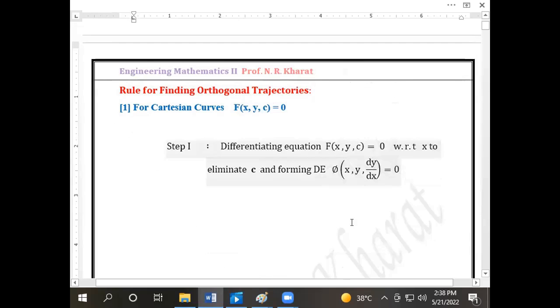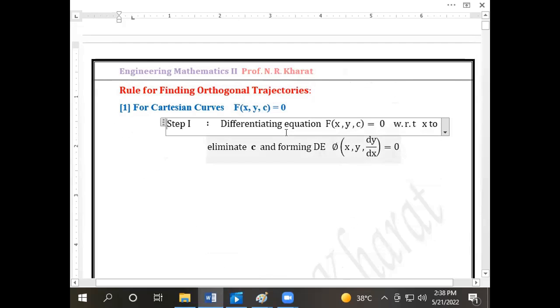Step number one is to differentiate the given equation with respect to x, because x is my independent variable, y is my dependent variable, and only one constant is present. After differentiating the given equation, we get a new equation that is totally free from the constant.